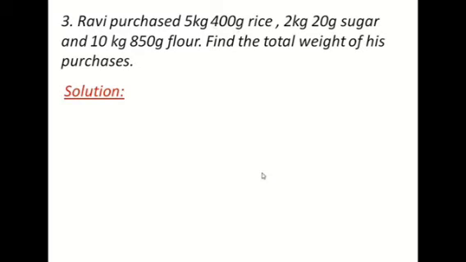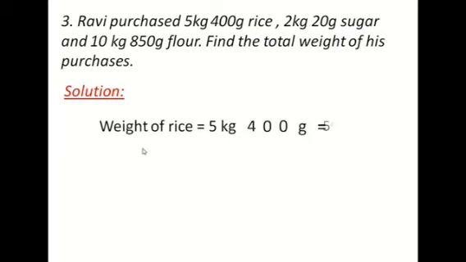We will convert it into decimals. So 5 kg will be as it is, 400 by 1000. The decimal point will shift 3 digits. So 1, 2, 3. It became 5.400 kilogram.